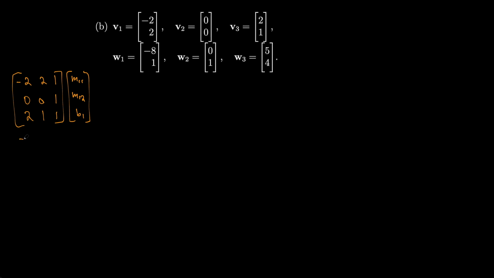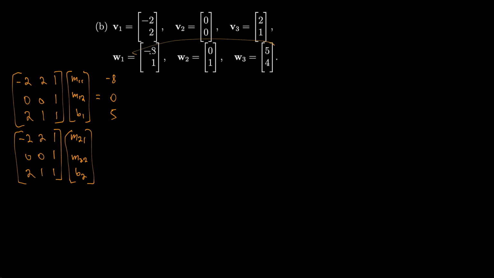And we have minus 2, 2, 1, 0, 0, 1, 2, 1, 1, times M21, M22, B2. First one is equal to minus 8, 0, 5, right, picking up the W's, and the second one gives us 1, 1, 4.